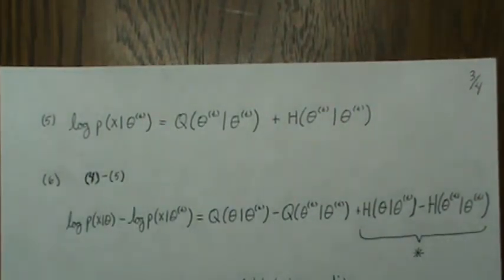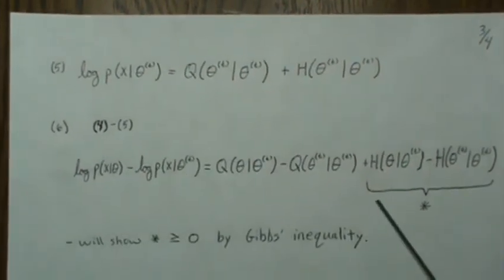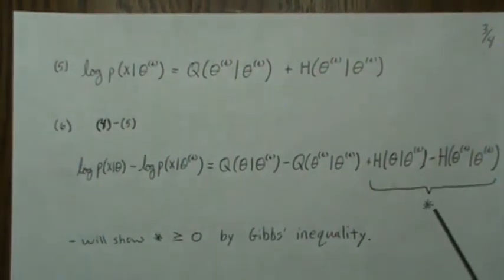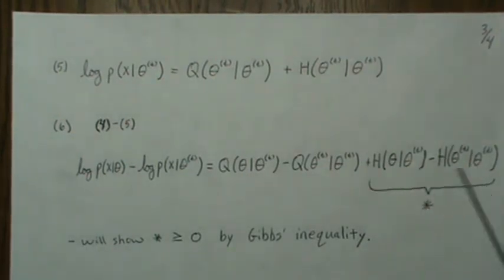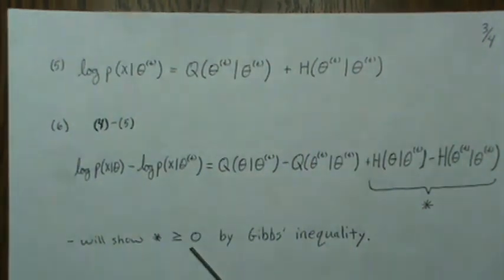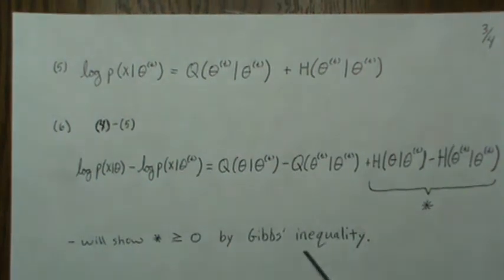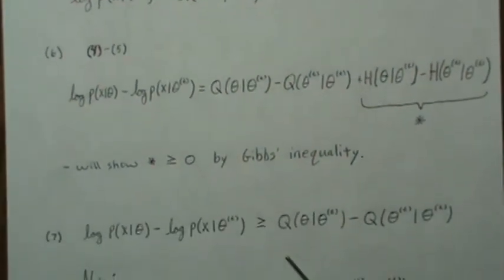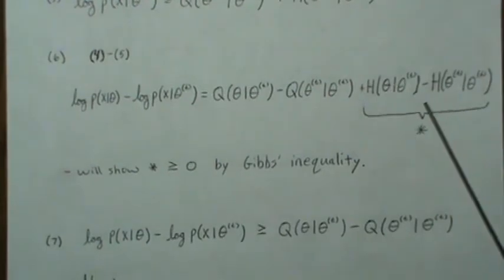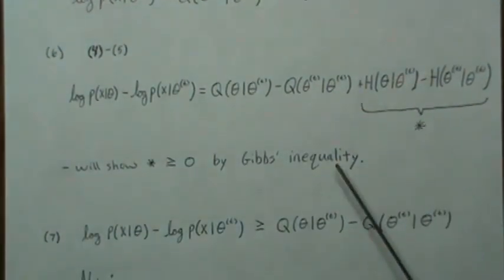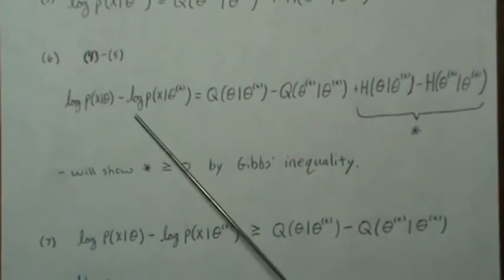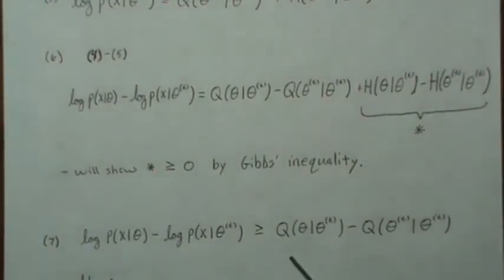So here, I'm just going to call this quantity asterisk, and we'll come back to this, and we'll show that asterisk is non-negative, and we'll use what's called the Gibbs inequality. You can use different proofs, but I think the original used Gibbs inequality. So if this is positive, that means this piece is less than that, which is what it shows here.